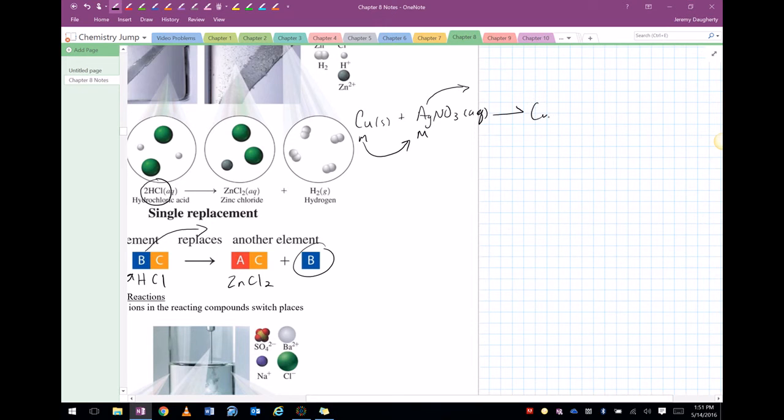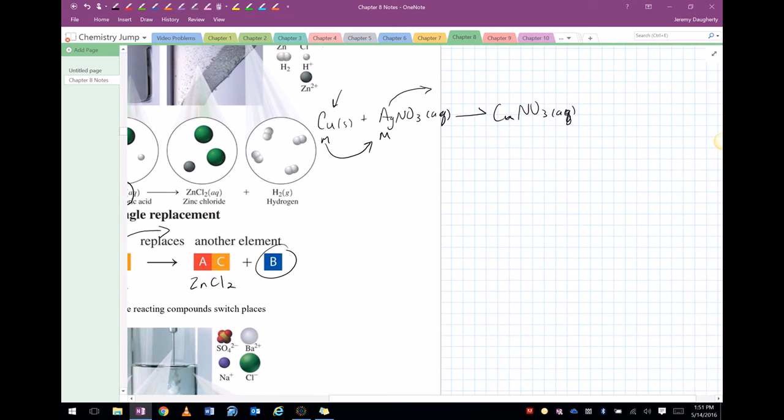It's going to form copper 1 nitrate. How do I know? Well, it's never something really that you have to figure out. You'll always be told what ion it's going to form, if it forms more than one ion. We'll do one next that's not that way. All right. So there's copper 1 nitrate, and then we're left with silver. And now when it's by itself, it's going to be a solid. So there's a single replacement reaction.